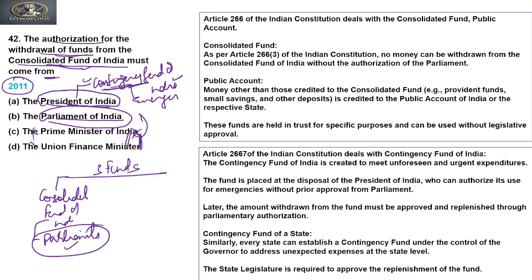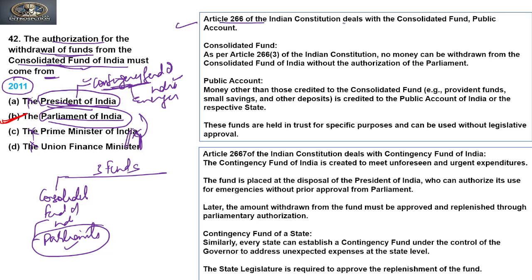So this too cannot be the answer, and A also cannot be the answer because it does not allow the Consolidated Fund. So the permission of Parliament is required to withdraw money from the Consolidated Fund of India. Clear?